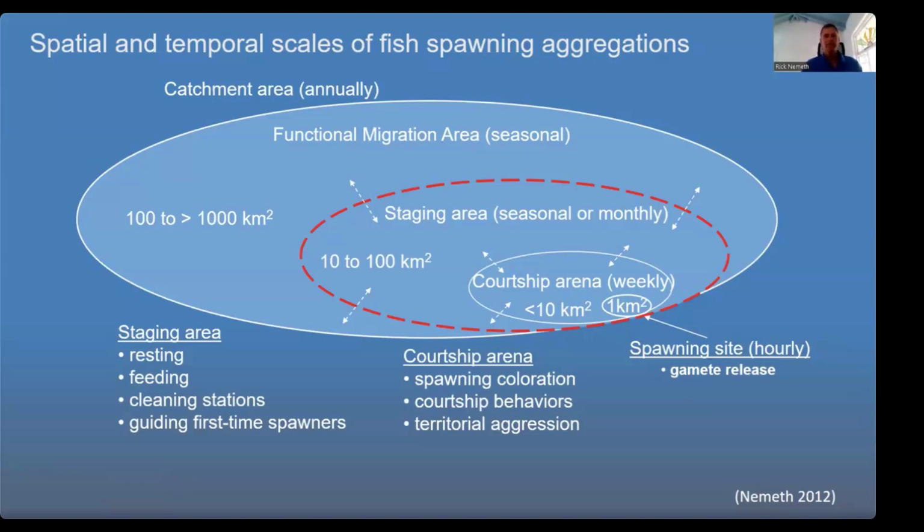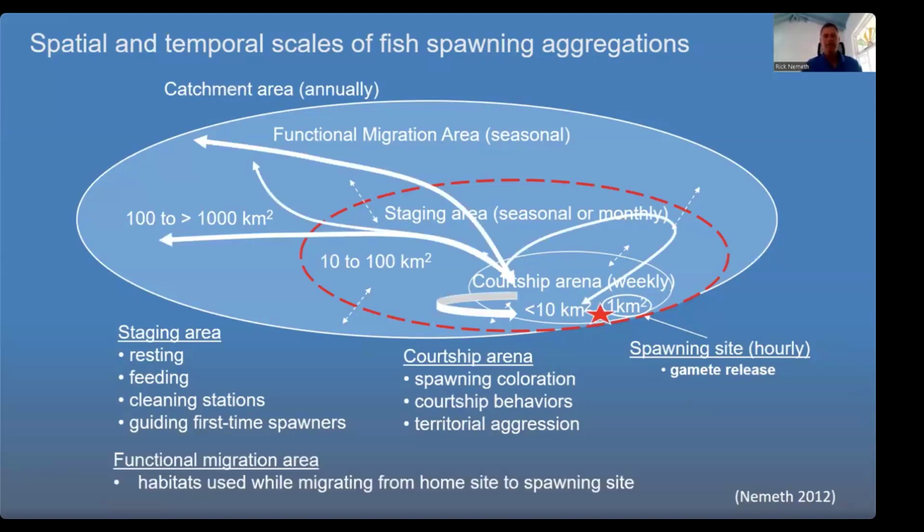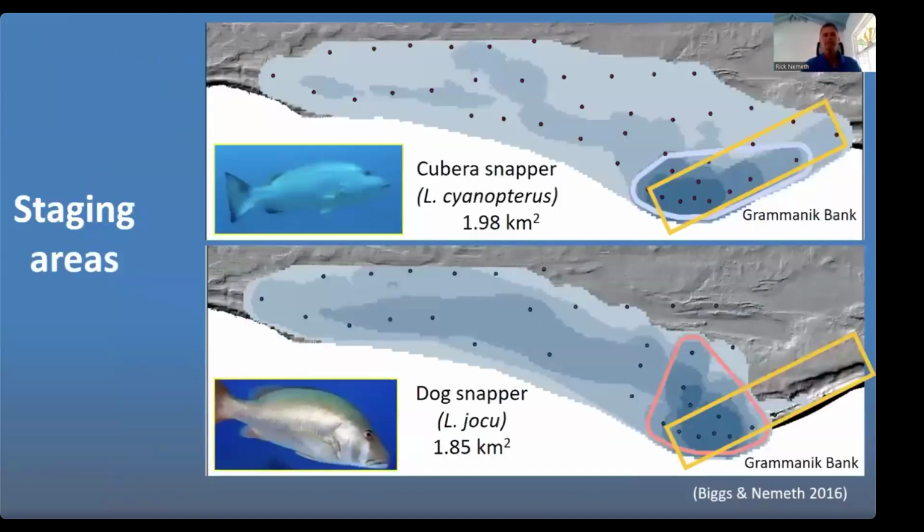The functional migration area includes all the habitats that individuals use as they migrate from their home sites to the spawning site. And finally, the largest area, the catchment area, is used by all fish from a spawning site. It's also defined as a fish stock, which is the basic unit for fisheries management.